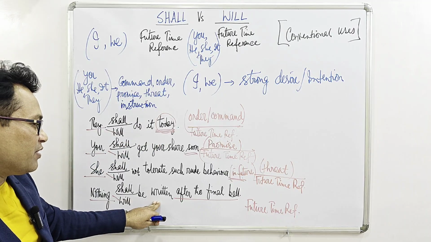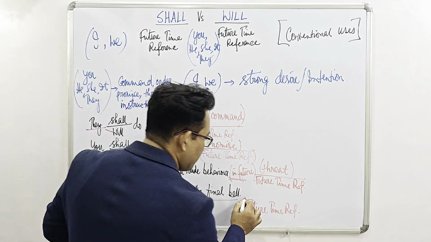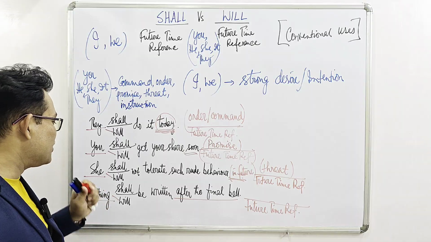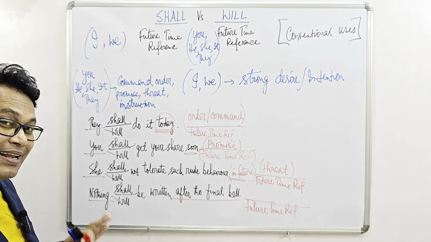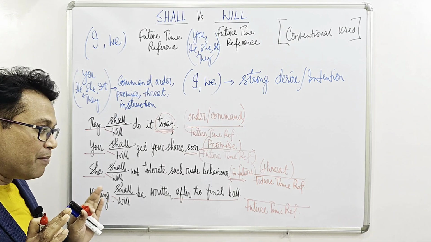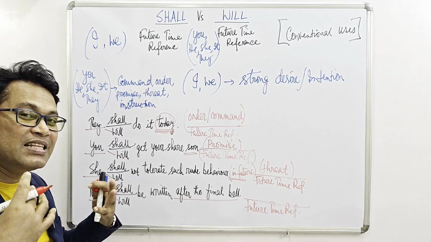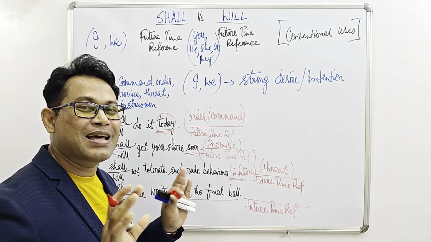Nothing will be written after the final bell, future time reference if we use will. If we go by the other one, nothing shall be written after the final bell. Here, the indication is that there is already sort of an instruction which everybody should abide by.